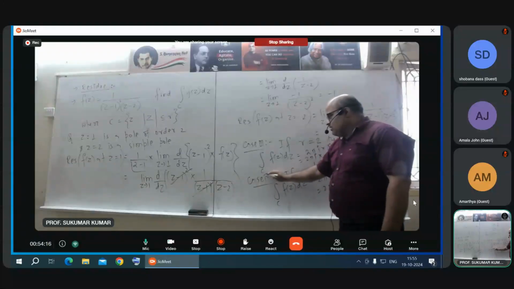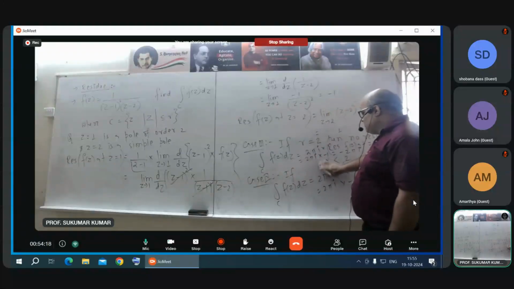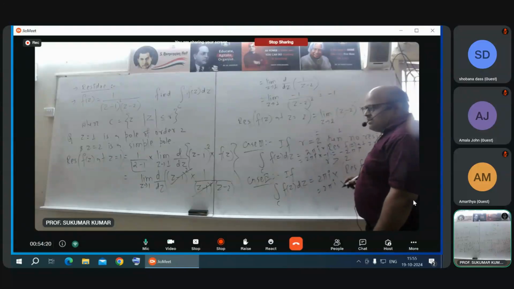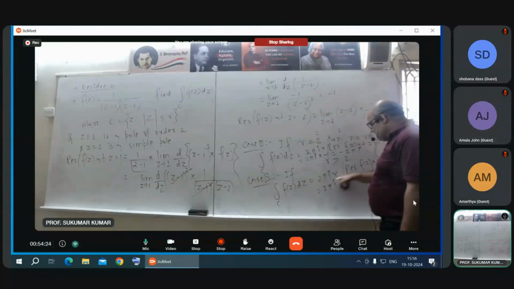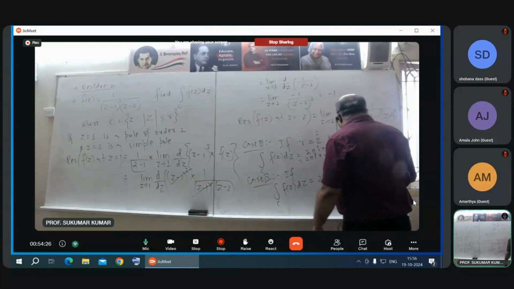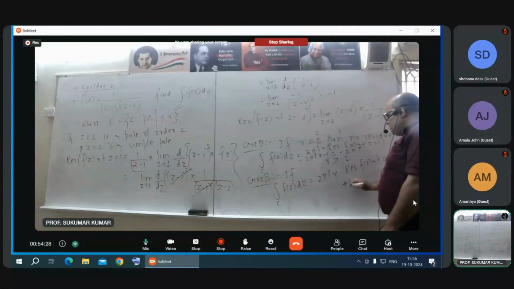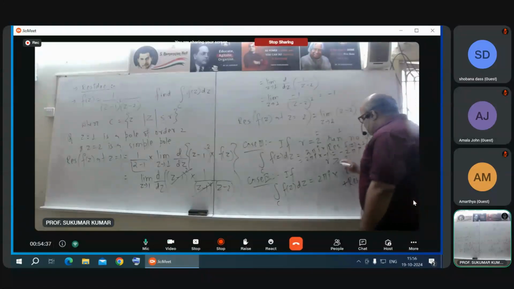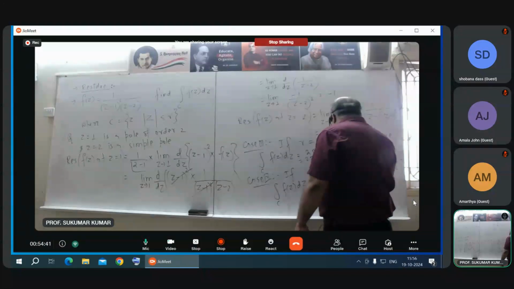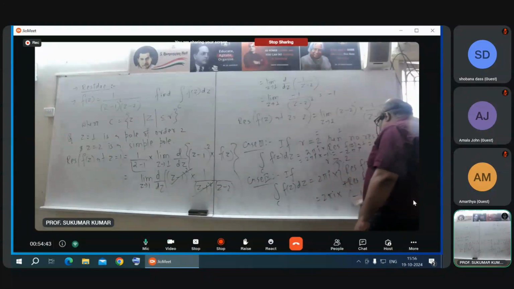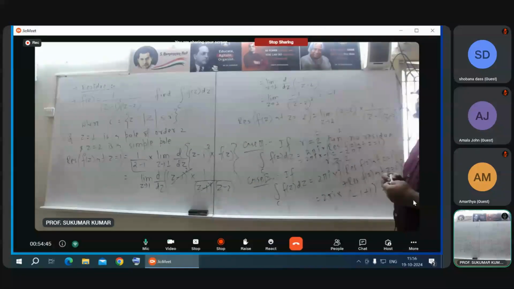Case 4, if r is greater than 2, then we can write both: 2 pi i into the residue of f of z at z equal to 1 plus the residue of f of z at z equal to 2. So 2 pi i into minus 1 plus 1, that is 0. Okay.